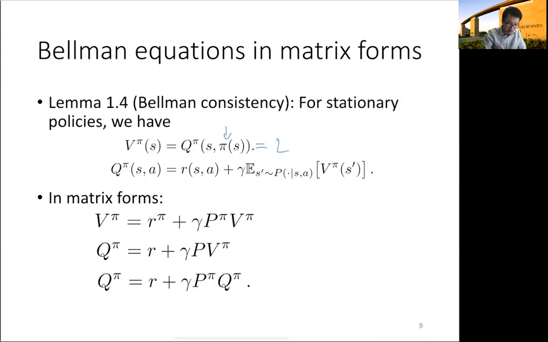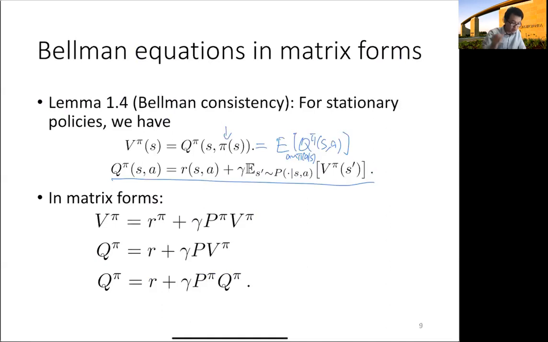What I really mean is that this is the expected value of Q pi S and A when A is drawn from pi A given S, right? So this is just a shorthand for this more complex notation. And clearly, this is equivalent to what we've just proven.